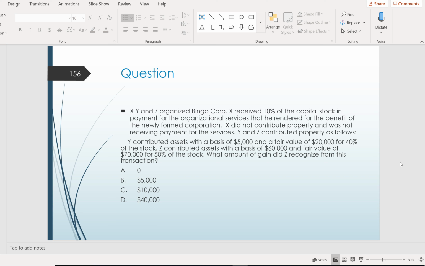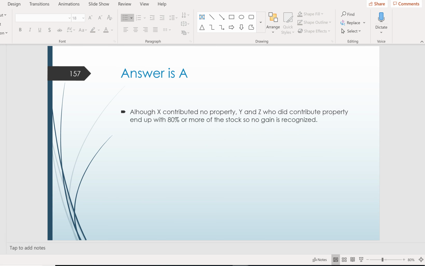And why is that important? Because now none of those built-in gains on the properties are going to result in any gains. So when they ask you how much gain Z recognizes, it'll be 0 gain because they met the 80% rule. Z will recognize no gain. Y also will recognize no gain. So the answer is A.